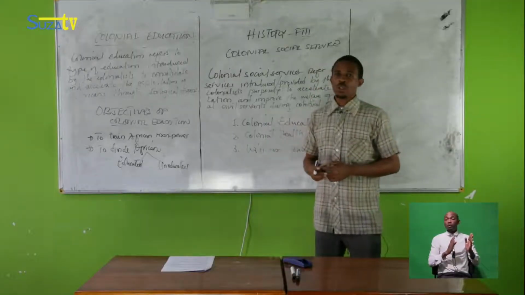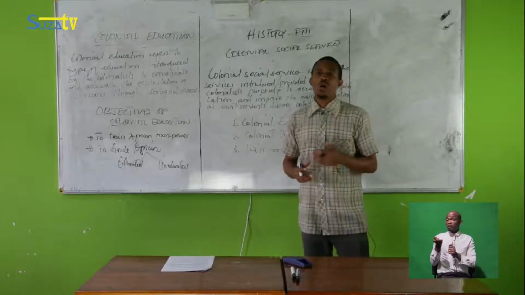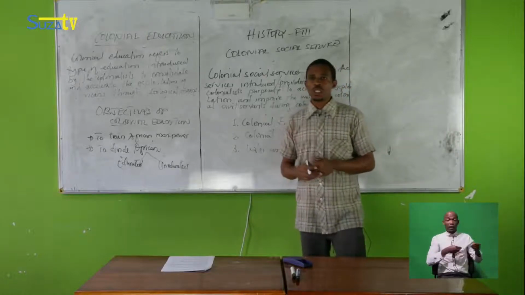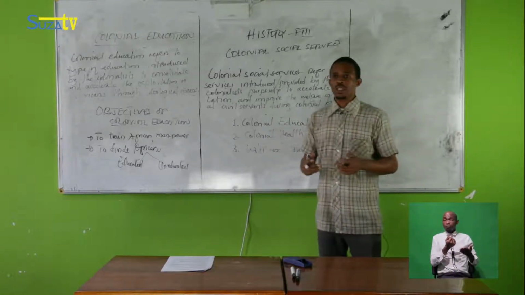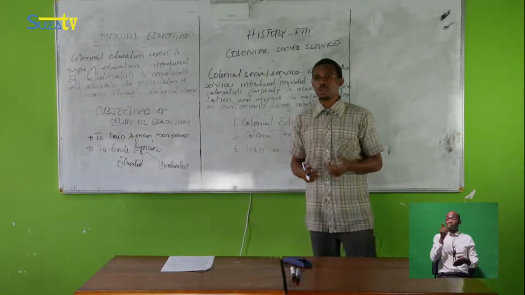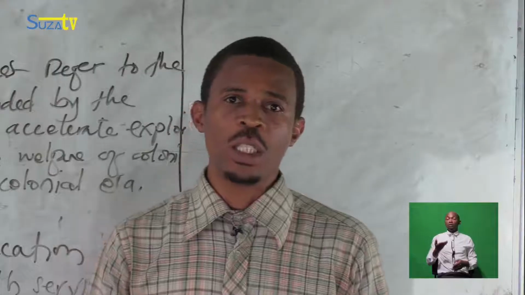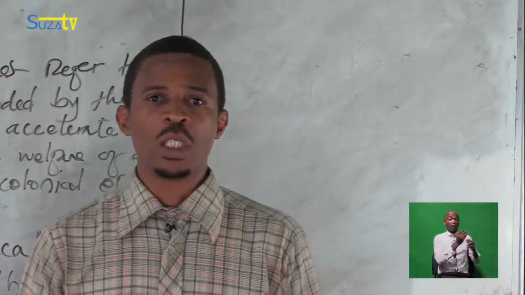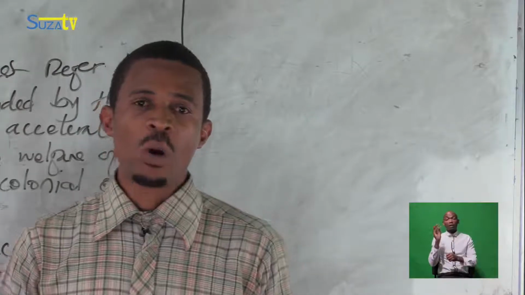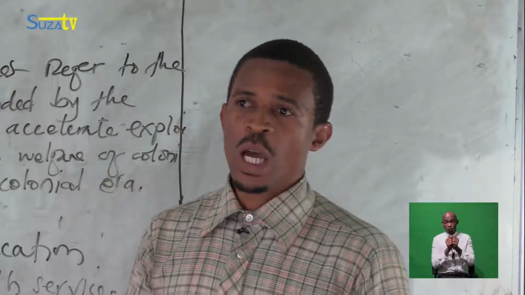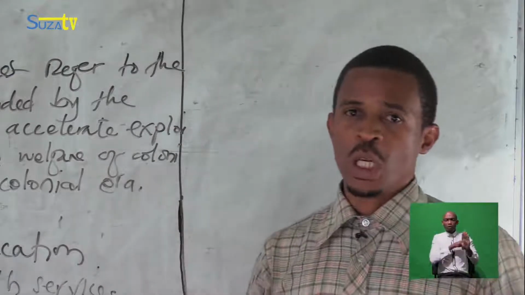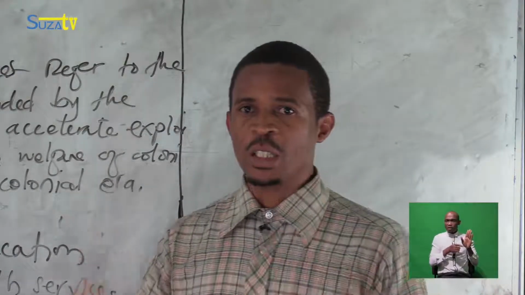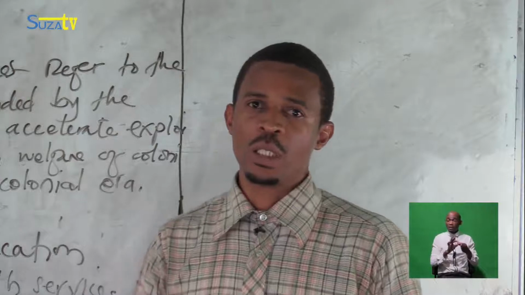Raw materials was one of the economic reasons or demands of the whites. One of the reasons for the establishment of colonialism in Africa was to get raw materials. How could Africa engage in production of those demanded raw materials by Europeans?